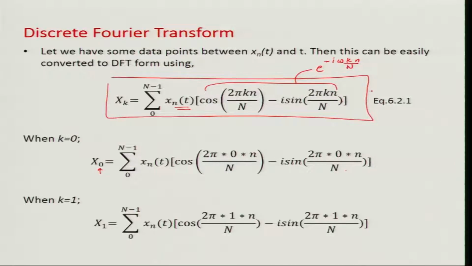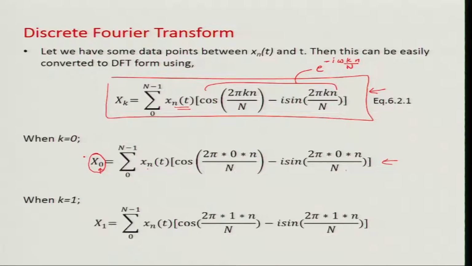I use this equation, and in this equation I have put k equals 0, and then for different values of n I have summed this entire expression, and n changes from 0 to N minus 1. So, in that way I get X0.